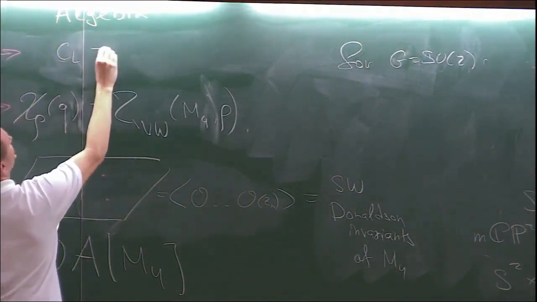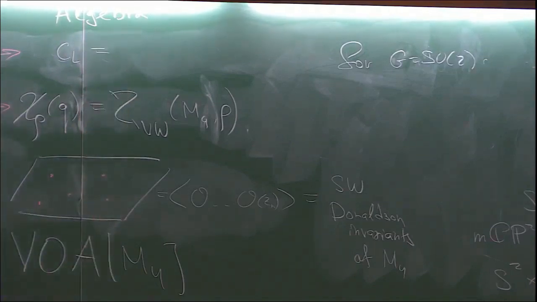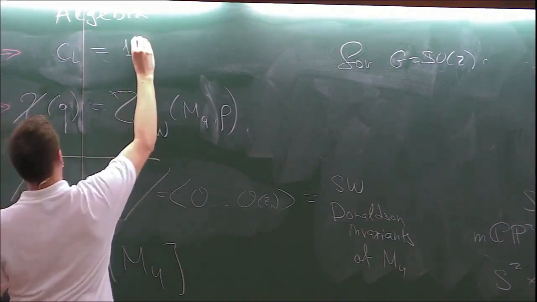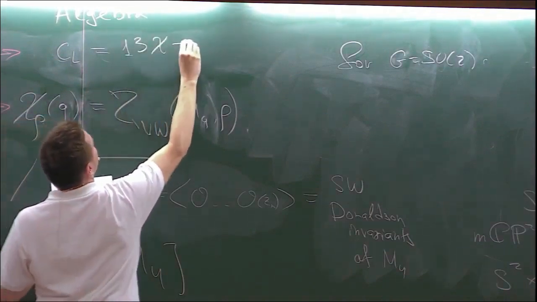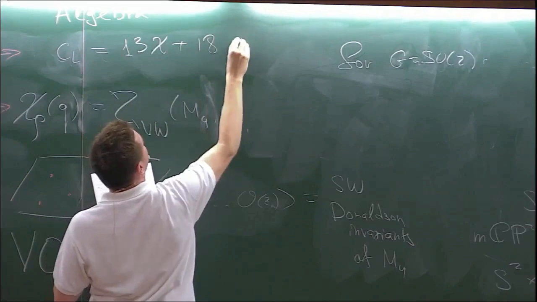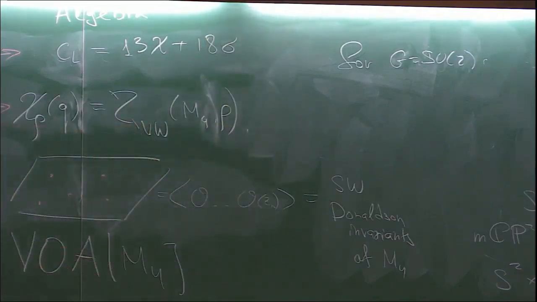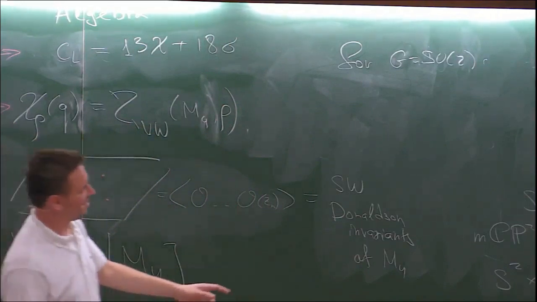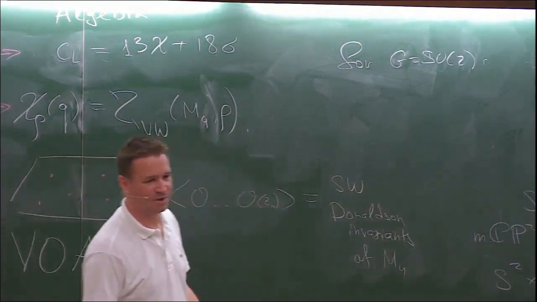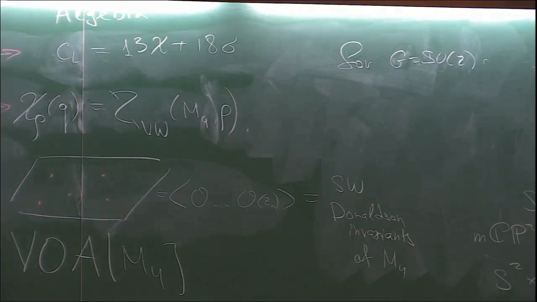For instance, the left-moving central charge, which is really relevant to the vertex operator algebra, can in general be expressed as 13 chi plus 18 sigma. And you can indeed verify that most of my entries in this table fit this general formula precisely when these special delicate phenomena don't happen.